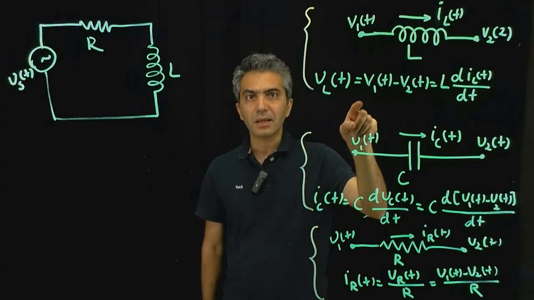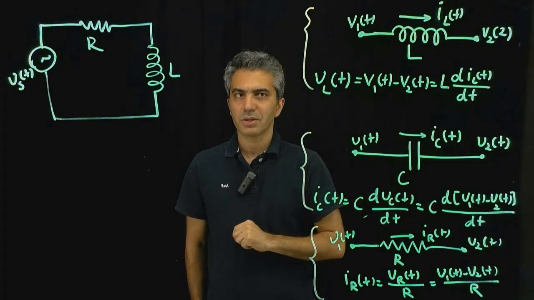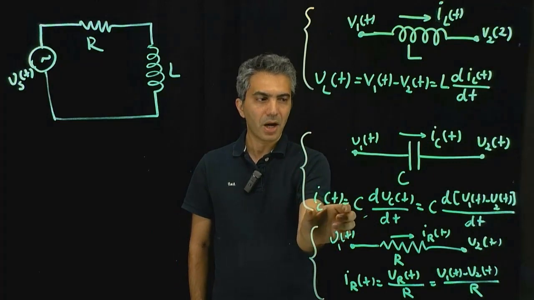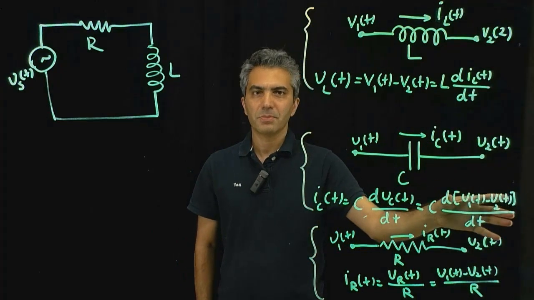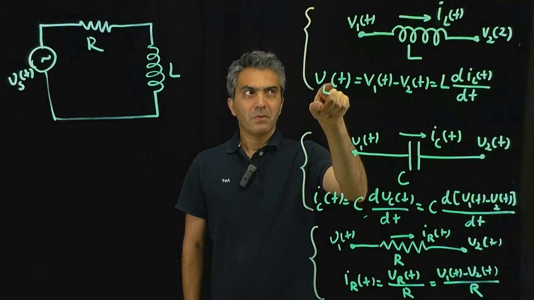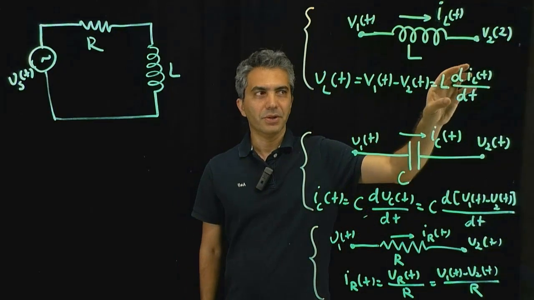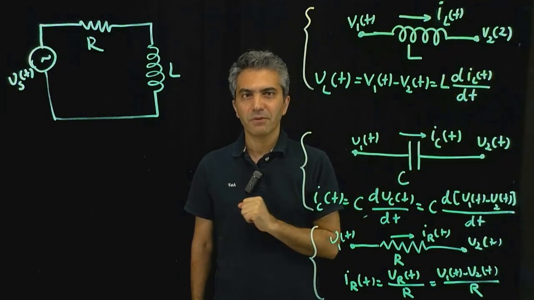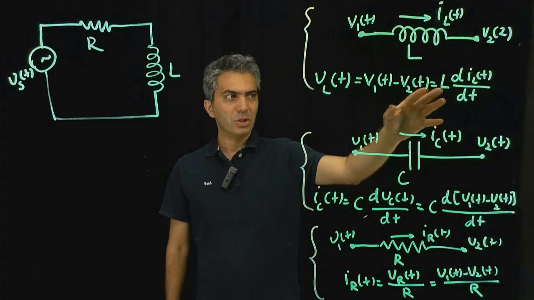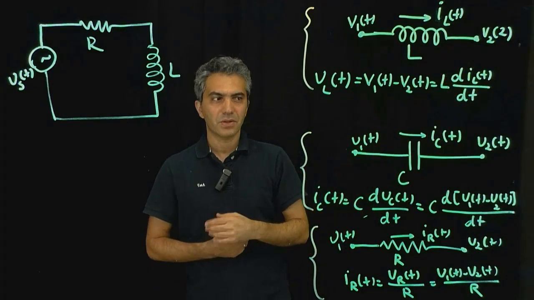And that duality immediately shows up in the equations too. In other words, with the capacitor, current was something times the derivative of a voltage, whereas in the inductor, the voltage is something which we call an inductance times the derivative of a current. So you clearly see the duality between the two.